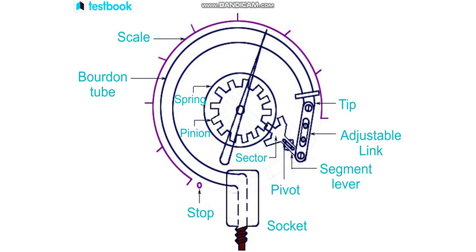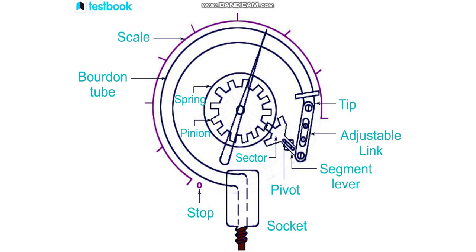The free end is connected to a mechanical linkage, so that we can transfer the displacement produced by the free end to the spring arrangement. The spring arrangement is connected with the pointer and scale arrangement, so that it will indicate the final reading. So this is the construction view of the C-type Bourdon tube.